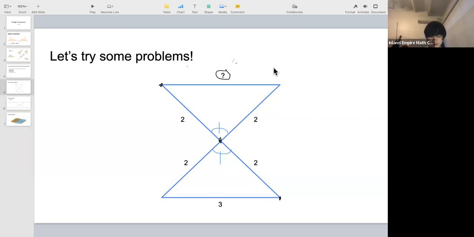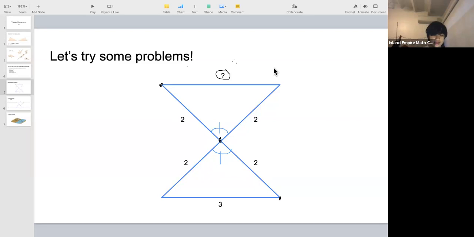And we know this length, this length, this length, this length, and these two angles. So, does anyone remember which type of congruence we can use to solve this triangle?